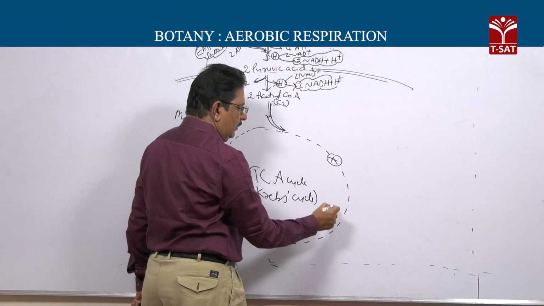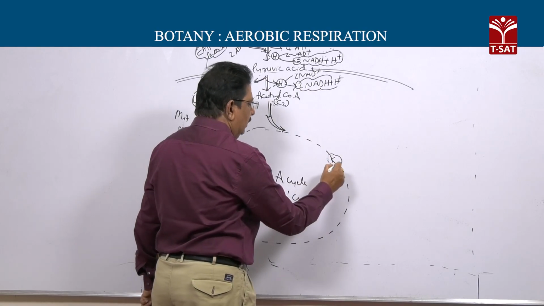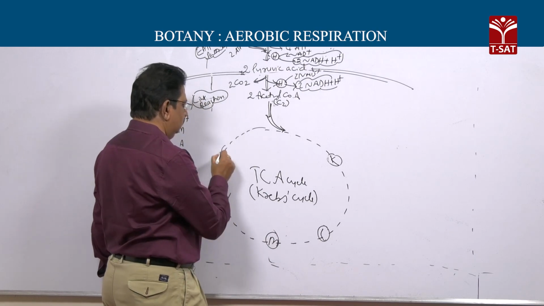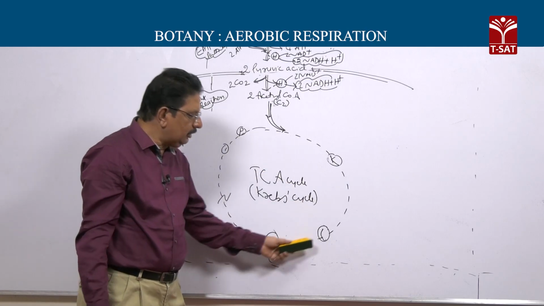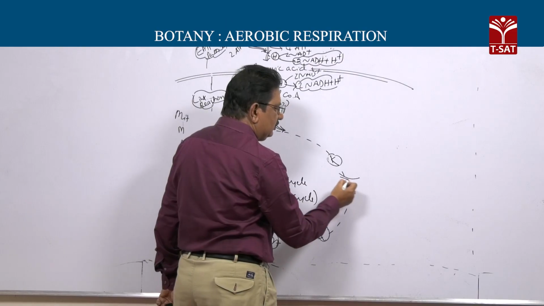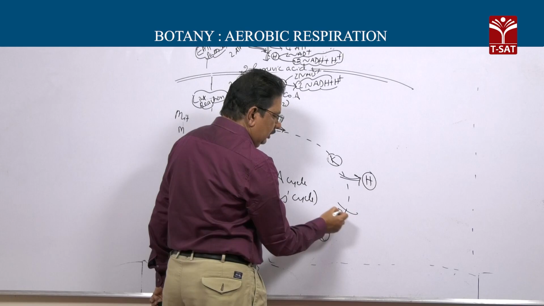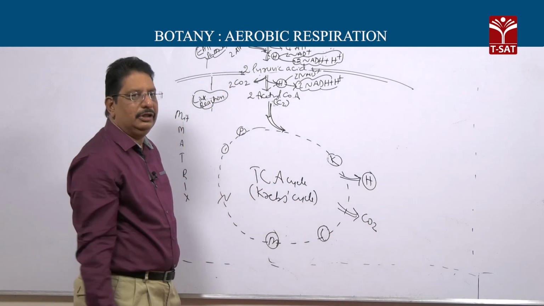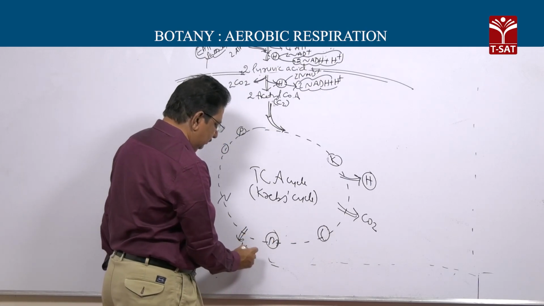So, a number of intermediate compounds are formed during the complete oxidation where hydrogens are removed, and complete decarboxylation where CO2 is eliminated, and formation of water.